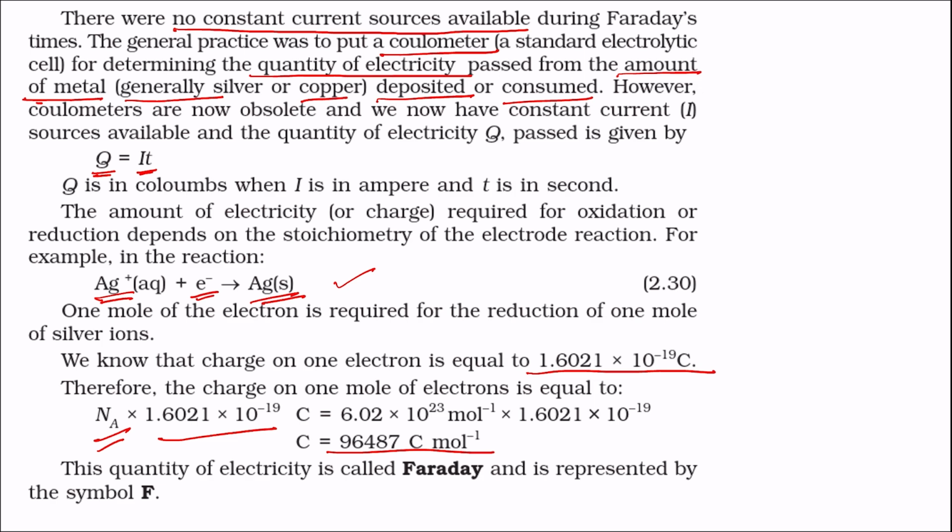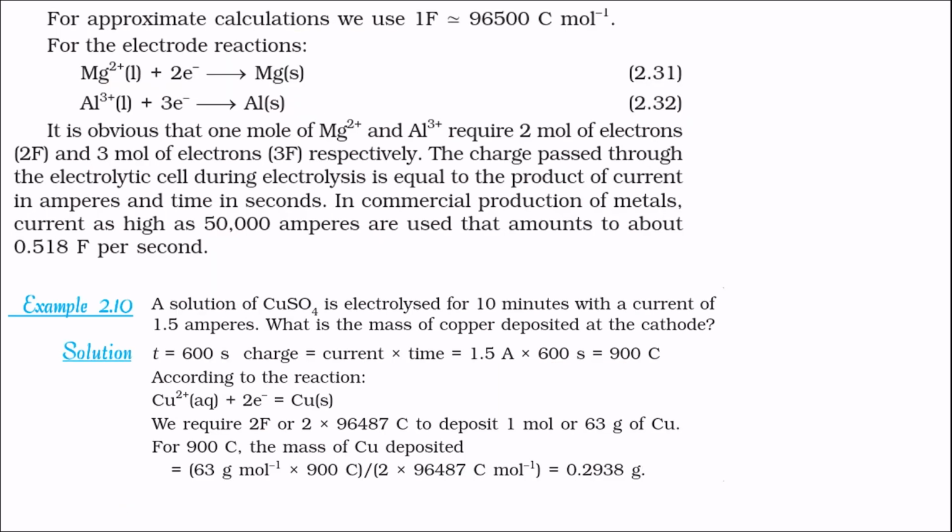So this is the charge carried by 1 mole of electrons. This quantity of electricity is called Faraday and is represented by the symbol F. For approximate calculations, 1 Faraday is equal to 96500 coulomb per mole.